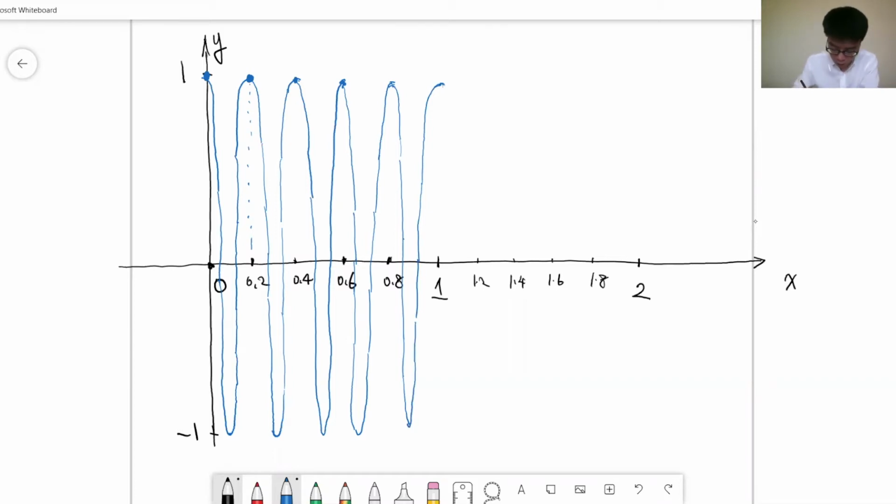And I'd like to draw some more because we need more x here. Let me draw it from 0 to 2.